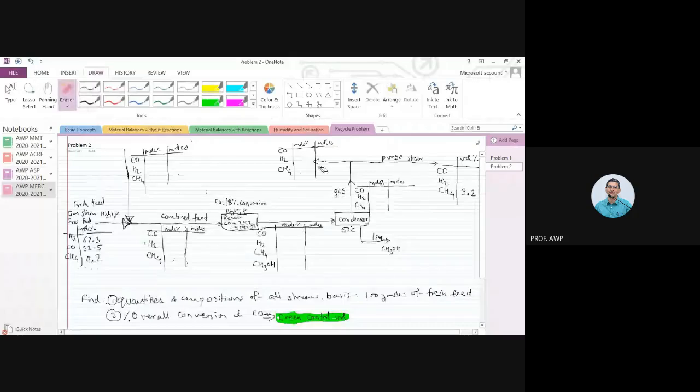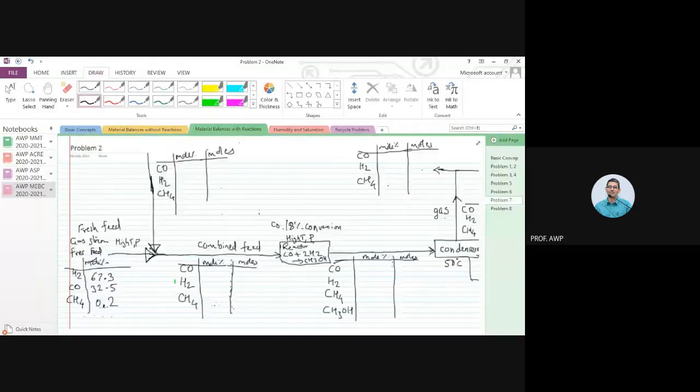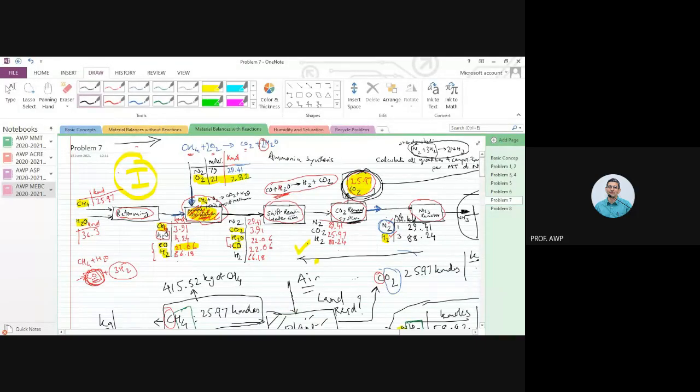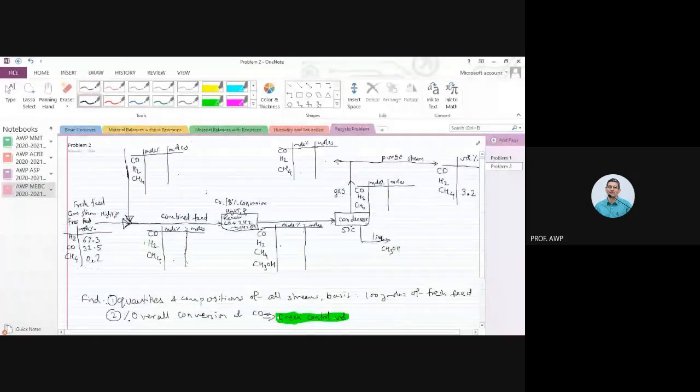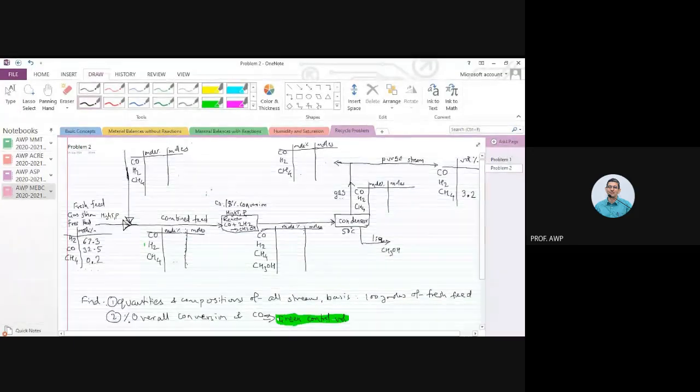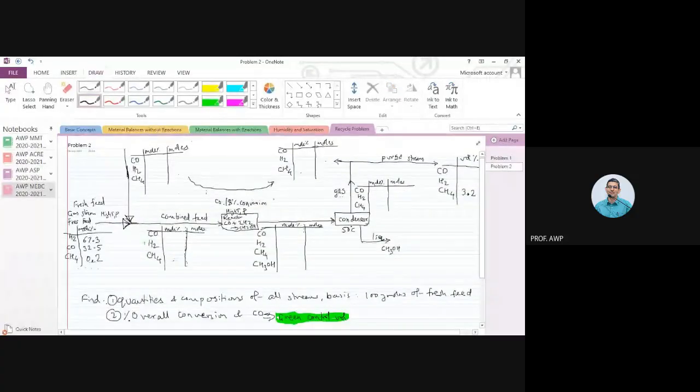Doing that, what we have done is we have converted the problem with recycle stream into a problem which was like our ammonia problem. We could do it from left to right or right to left. So now this recycle problem, we have broken that recycle stream. Now we can do it from left to right or right to left, whichever one we want.